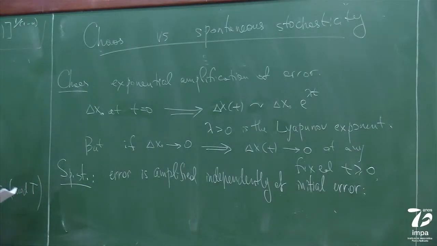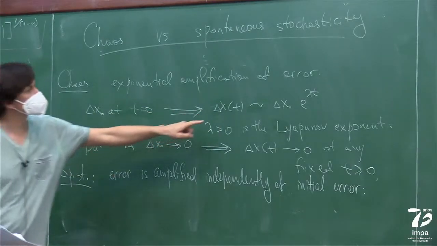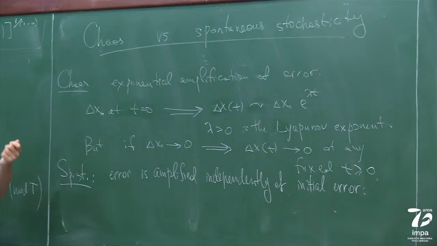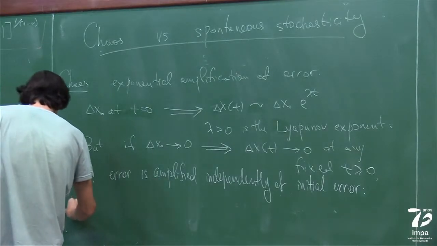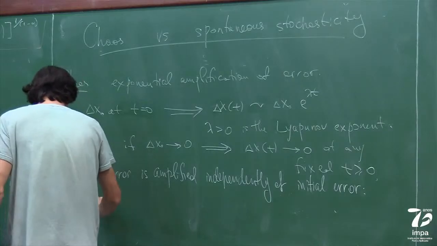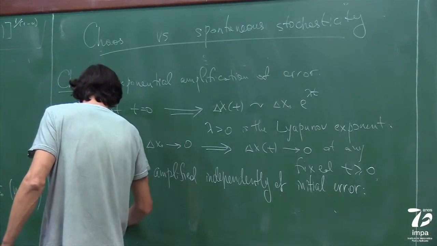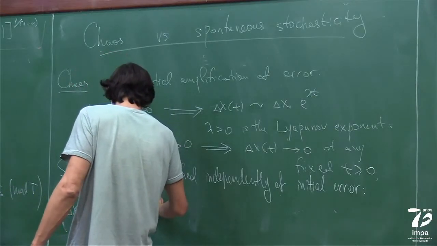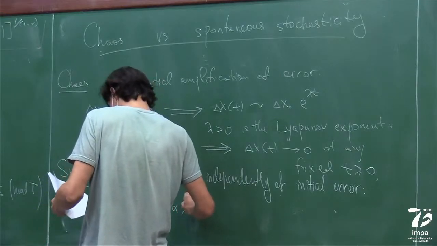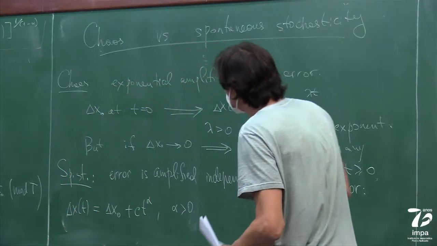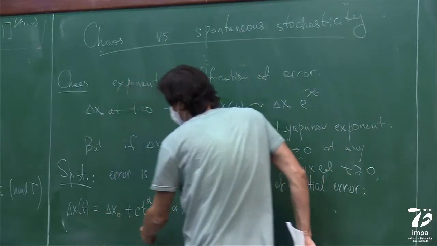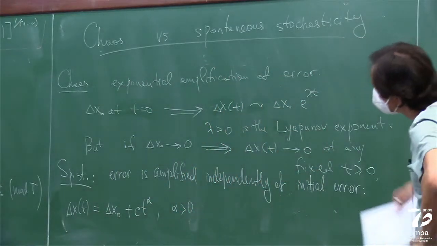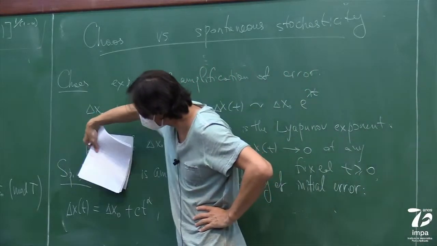Qualitatively you can see what happens if you substitute this relation, which is exponential, by a relation which is a power law. So consider the behavior which is the initial error plus something which is a power law, constant times t to the alpha, where alpha is bigger than 0. This is one of the possible strategies for spontaneous stochasticity.